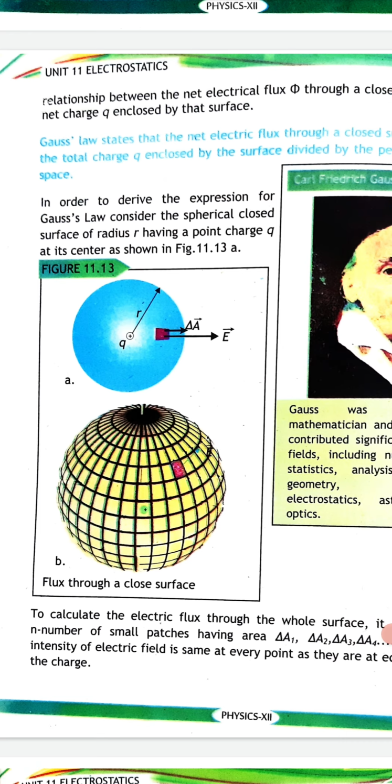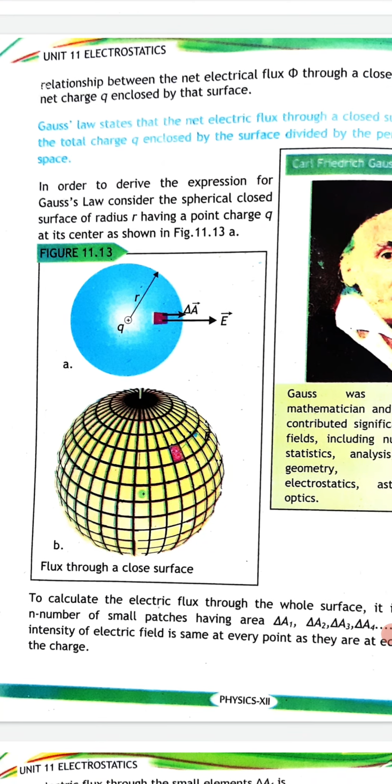The division of this sphere into small segments is represented by figure B. We find the electric flux through each segment, and finally we add the flux through each segment, and this gives us the electric flux through the closed surface.